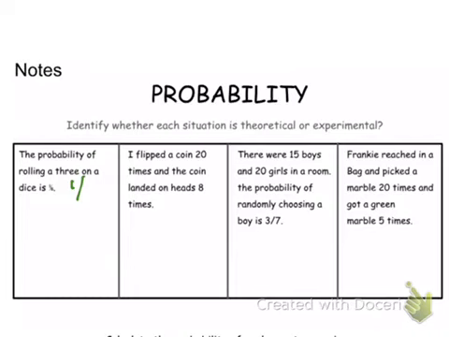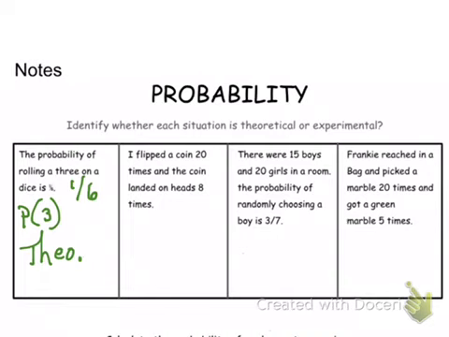There's 6 possible outcomes on a dice: 1, 2, 3, 4, 5, 6. So 1 out of 6. Okay, did we actually throw the dice? No. We counted out how many outcomes were possible over what we wanted. We wanted the probability of 3. So this is theoretical. I'll just abbreviate it there.